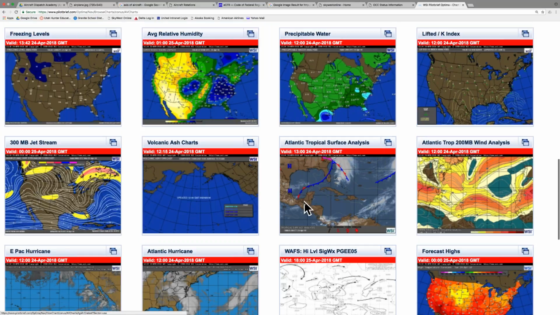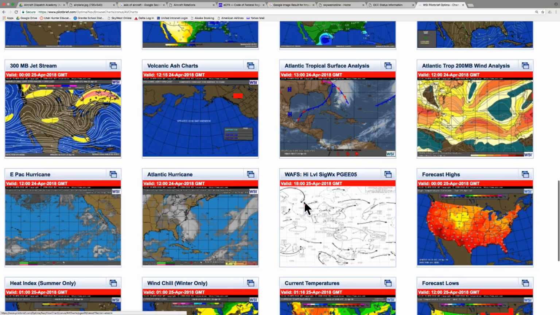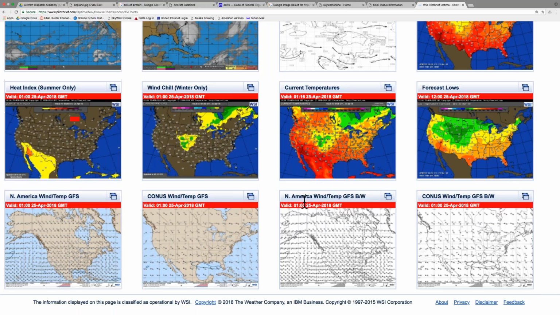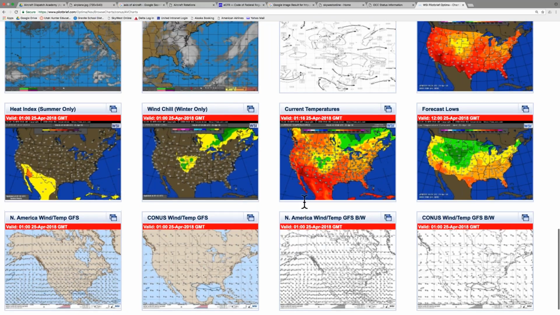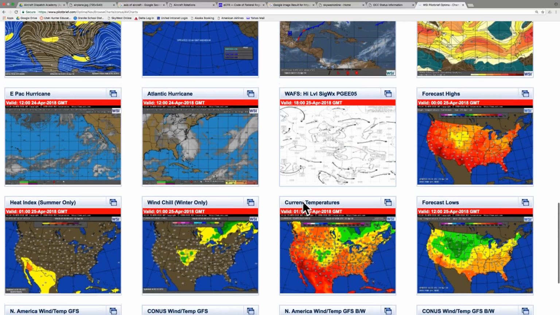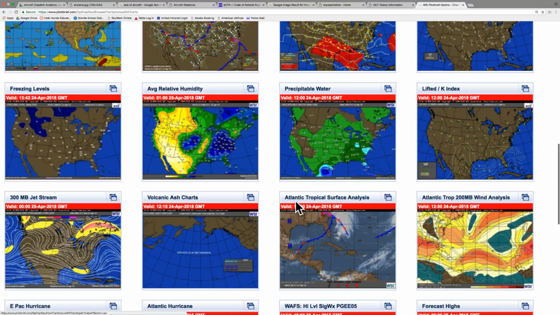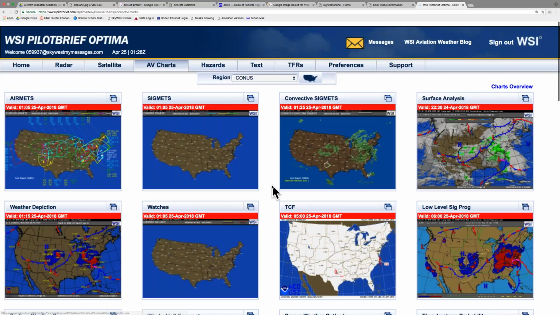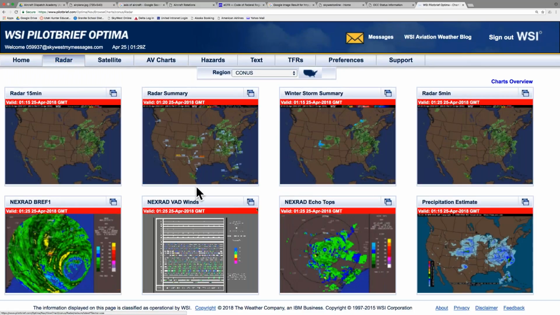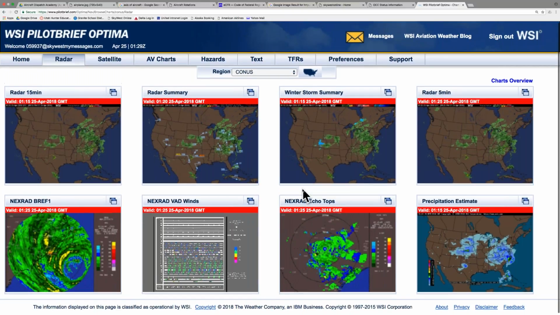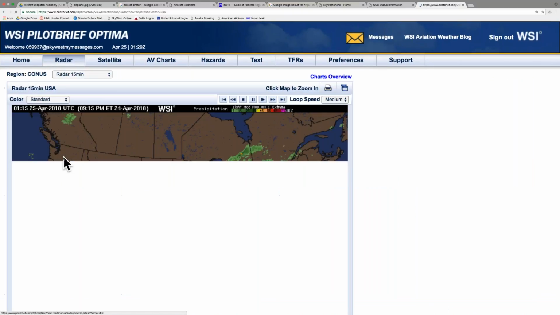Trying to think of any other charts that you might see. We can always also use these radars.